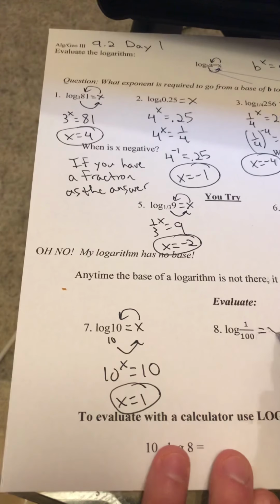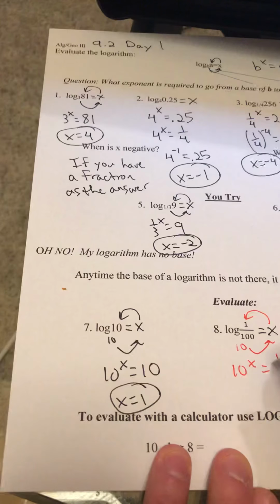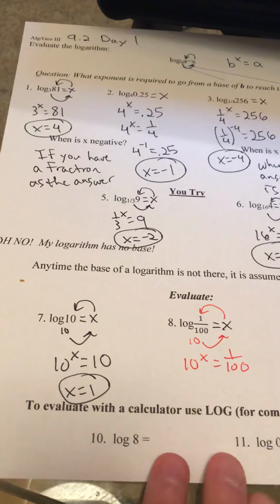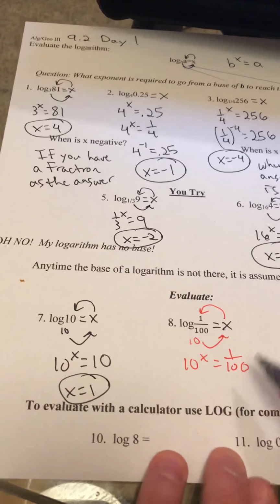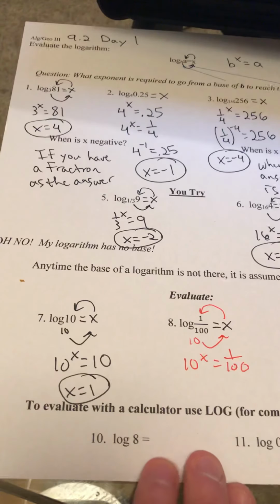Again here, I'm going to set this equal to x. If my base is not written in, I can always write in a 10 and now set up our log loop. So 10 to the x equals 1 over 100. Now, once again, we do run into the issue. We have a fraction on one side, so that means we are going to end up with a negative exponent.